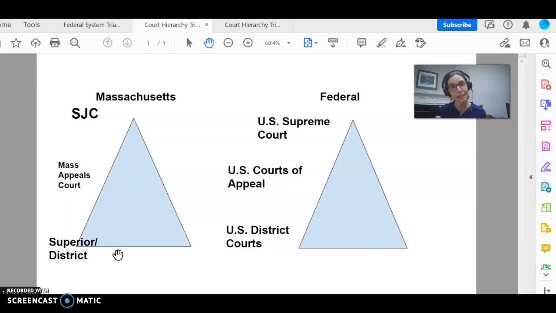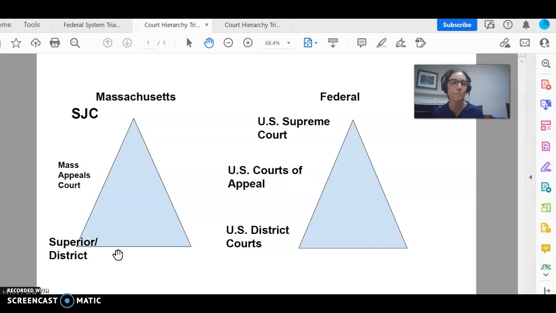Within each county, there are a number of district courts. For the most part, these courts are the same. They're equal. They're both trial courts. And the difference between them is what type of matter the case is. Some will be assigned to Superior Court, some to District Court. Aside from this class, I don't want you to get tripped up.